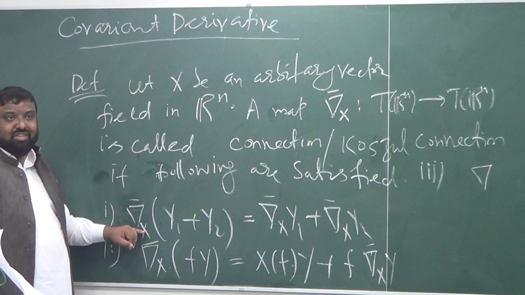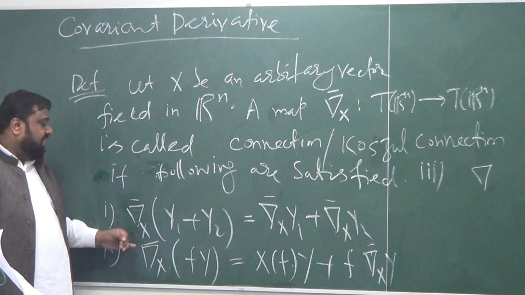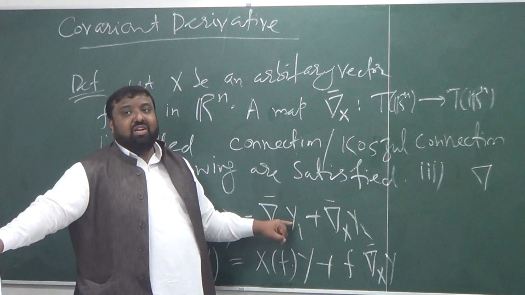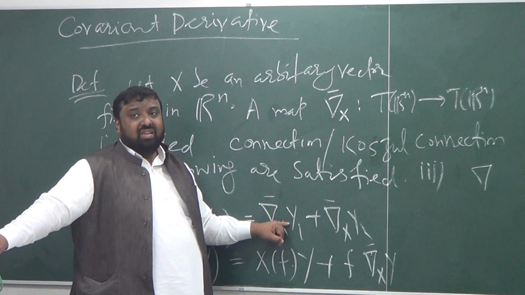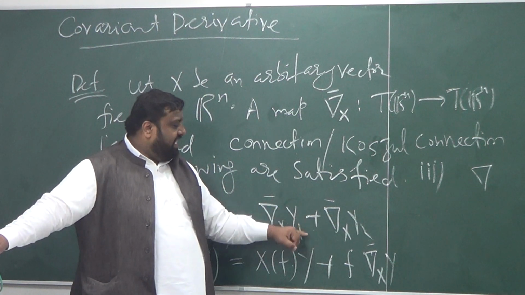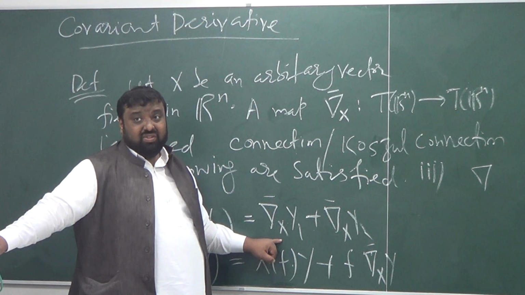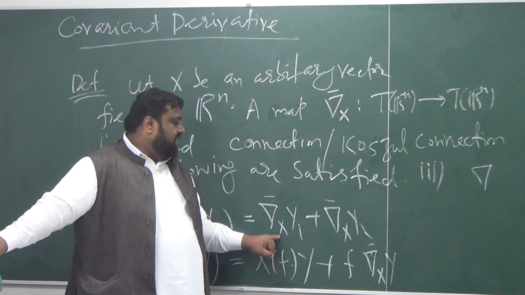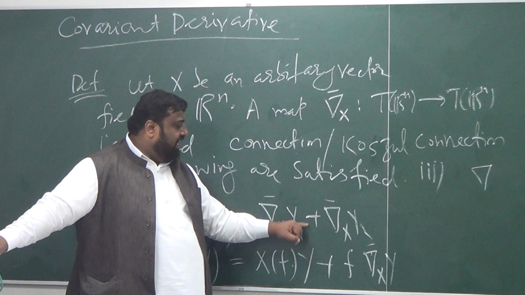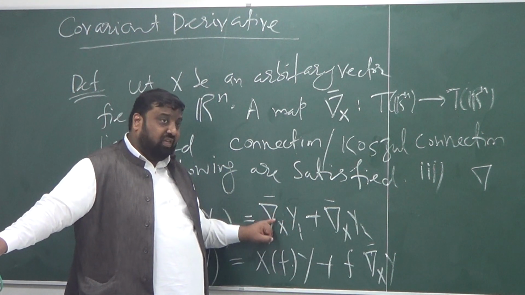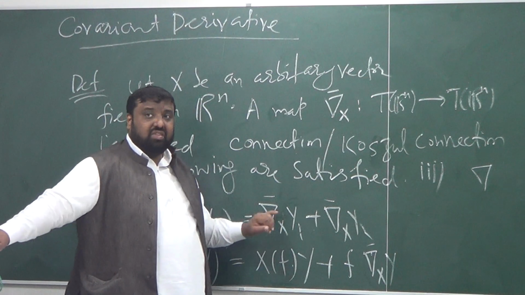It's a bit abstract, but you can work it out. When I am operating del X onto Y1, I am computing the directional derivative of Y1 in the direction of X. So I want this operator not only to be linear with respect to these components, but also with respect to this component as well.